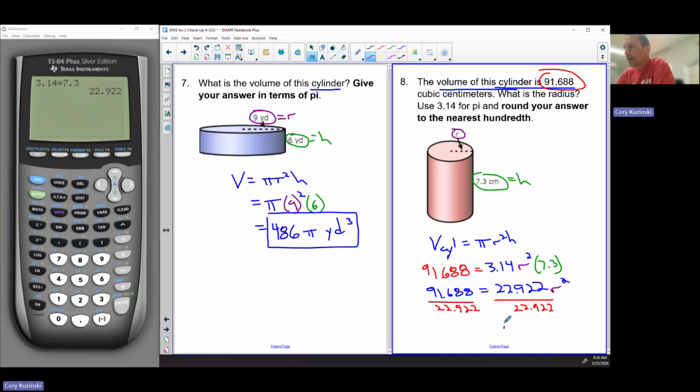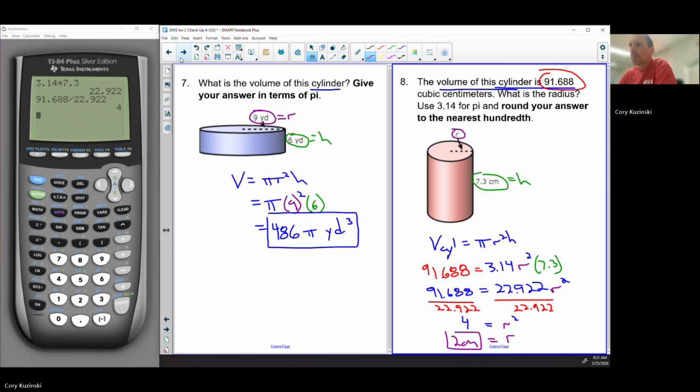That's going to give me the radius squared equals 91.688 divided by 22.922, which is 4. But I don't want to know the radius squared. I just want to know the radius. Well, if the radius squared is 4, then the radius is 2 centimeters.